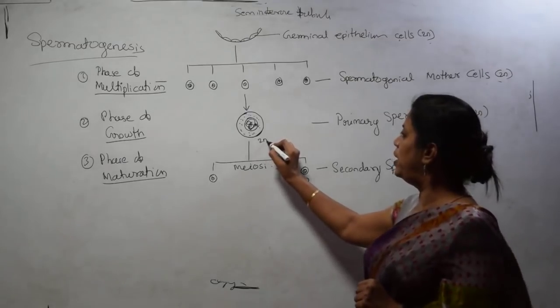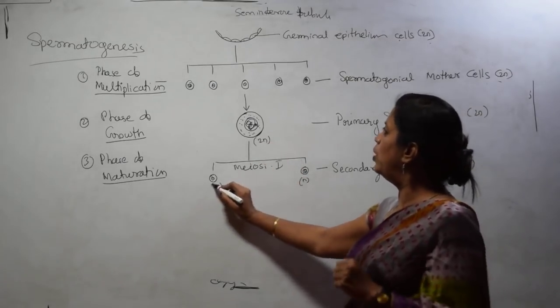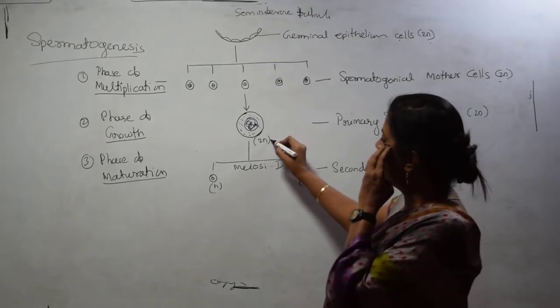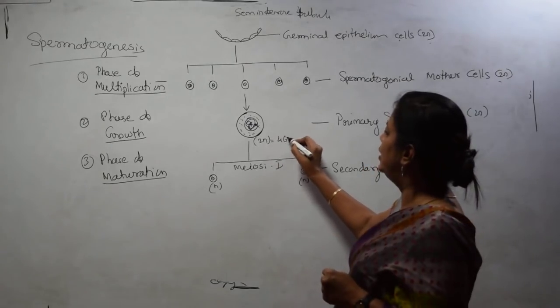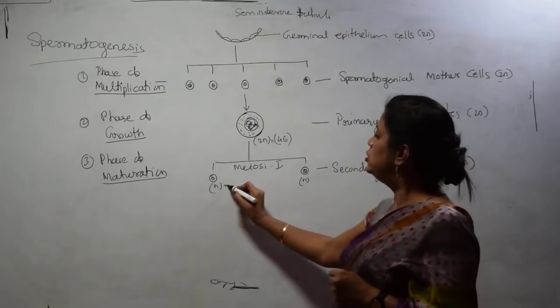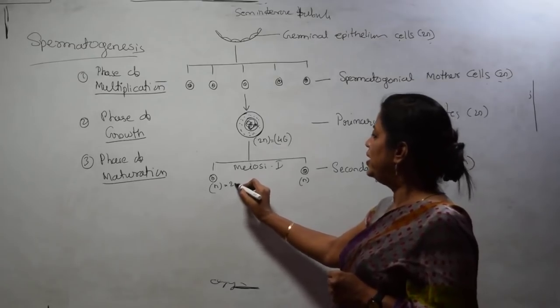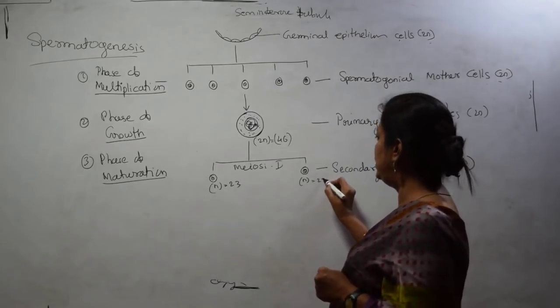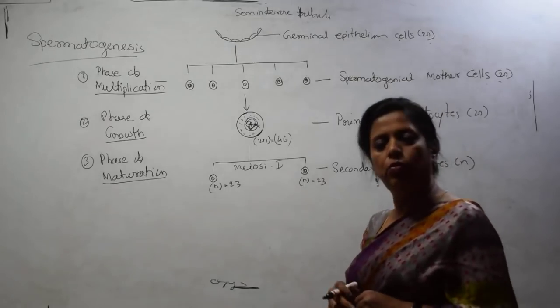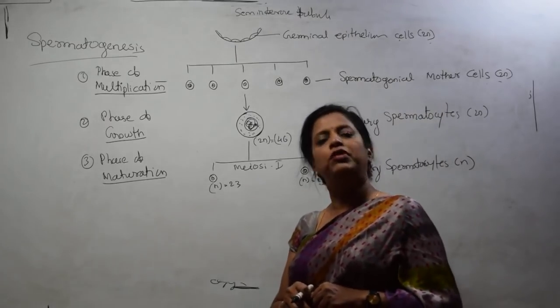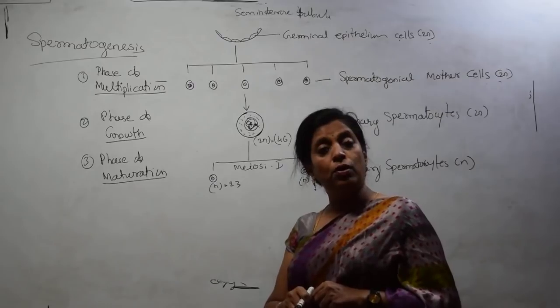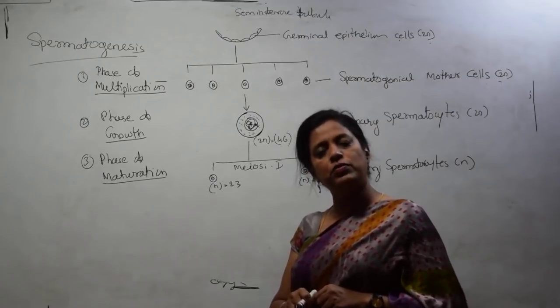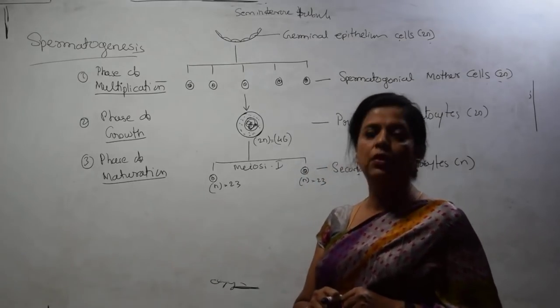Here it is still diploid, here it is haploid. Diploid in humans is equal to 46, and now it will become n equal to 23. Remember, the chromosome number in a human diploid cell is always 46, including autosomes, which are 44, and allosomes, which are 2, totally 46.